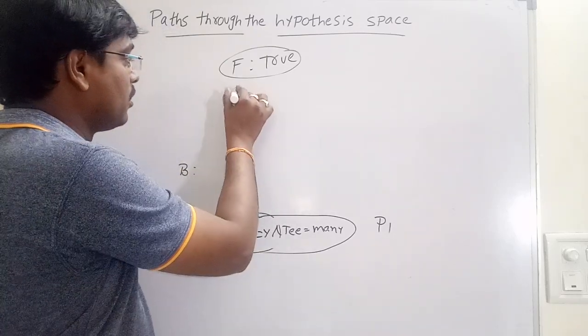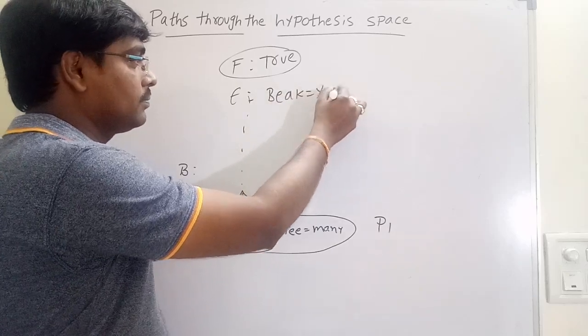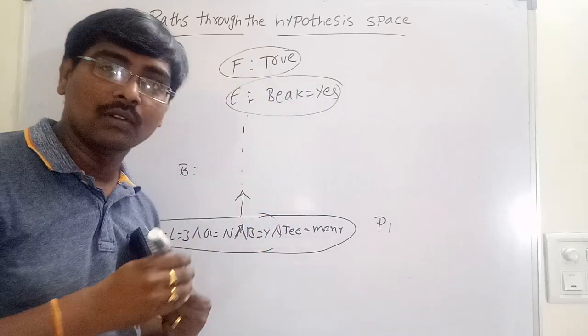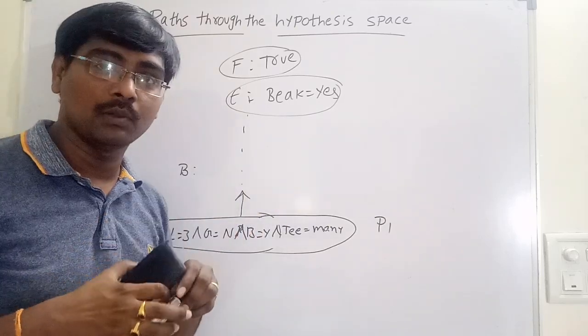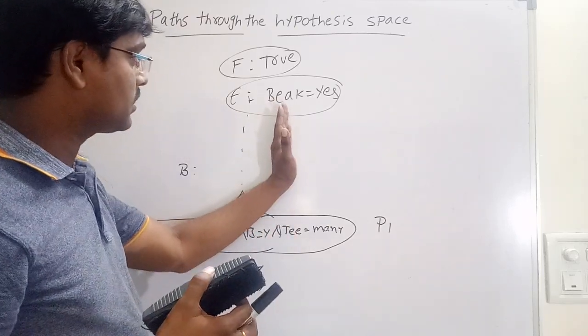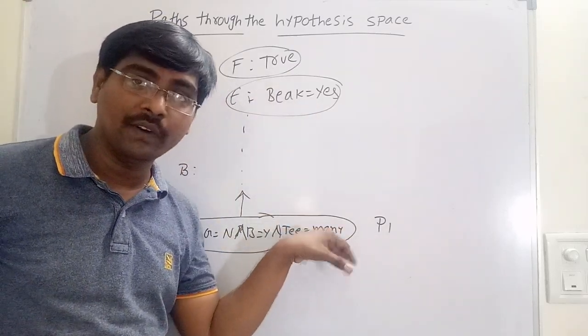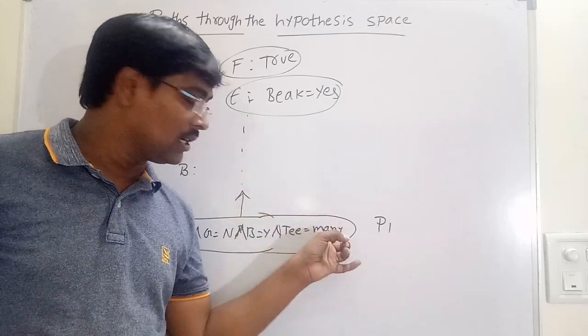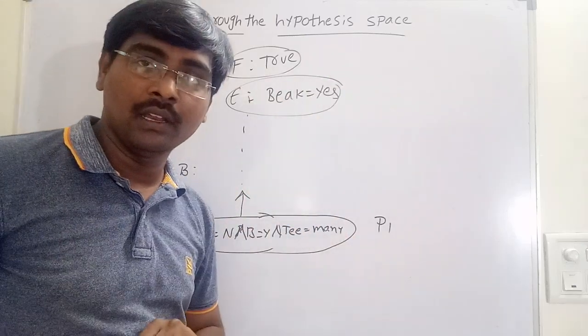For example, before this one, back is equal to yes also covers all the positive examples. But in this process, there is a problem: at each and every step we have to make the specialization so that it does not cover any negative.